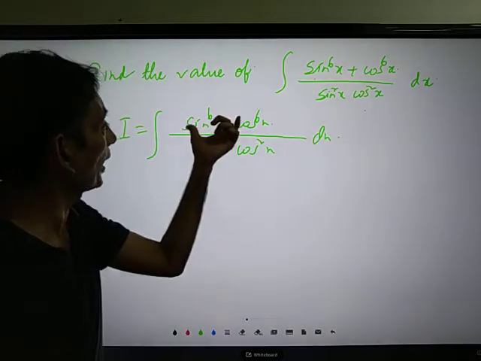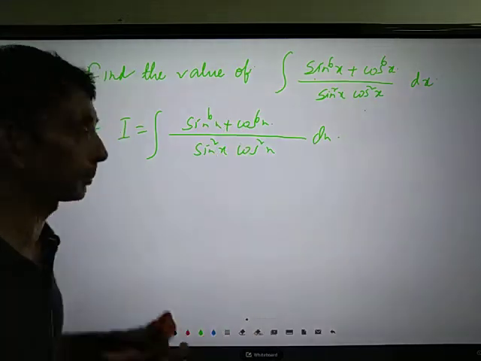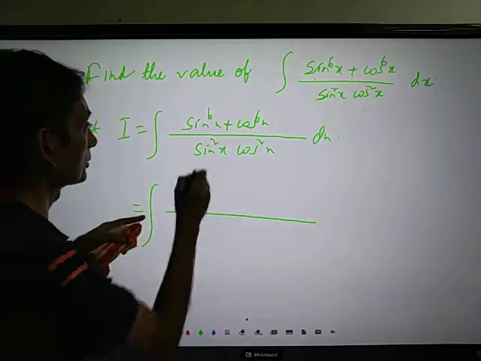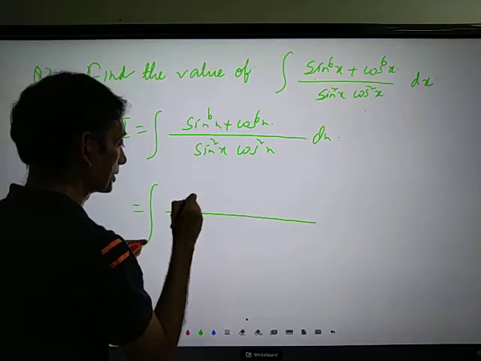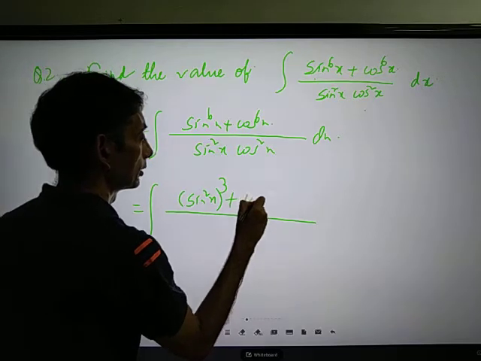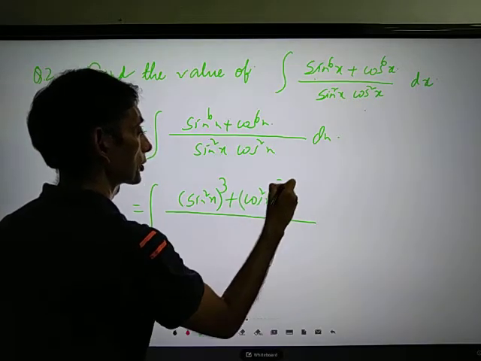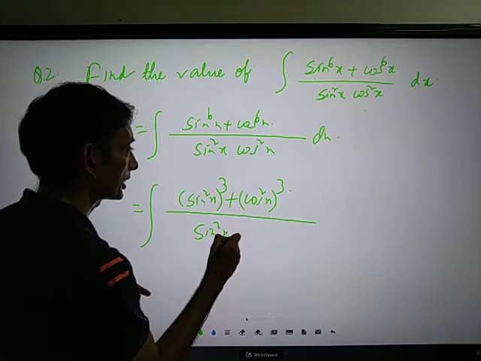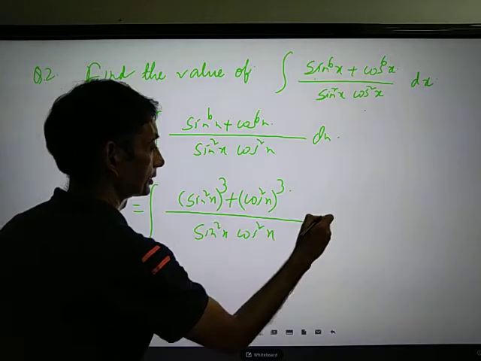So just simplify this: sin to the power 6x plus cos to the power 6x is like a cube plus b cube. Sin to the power 6x can be written as sin square x whole cube plus cos square x whole cube, and the denominator sin square x cos square x we'll keep as it is.